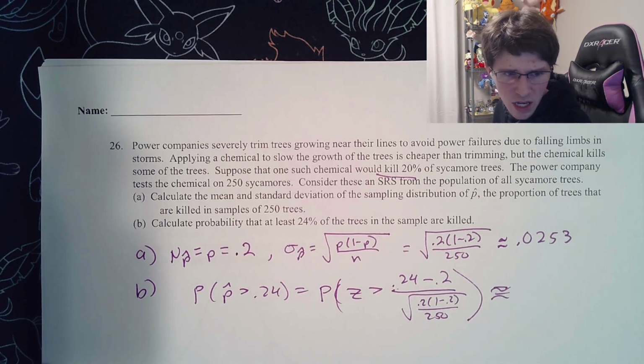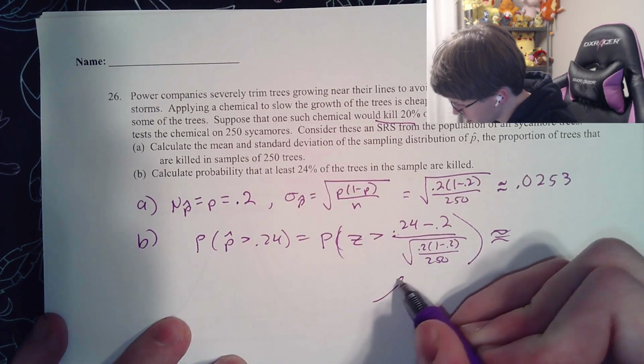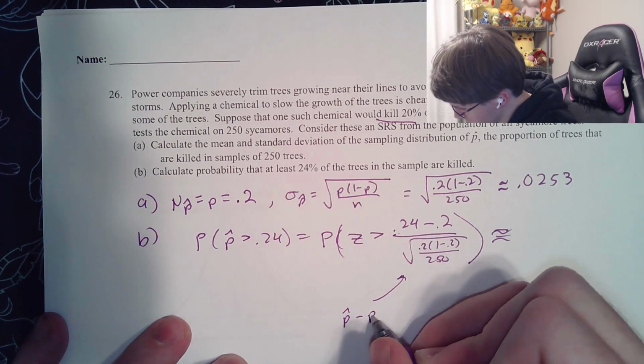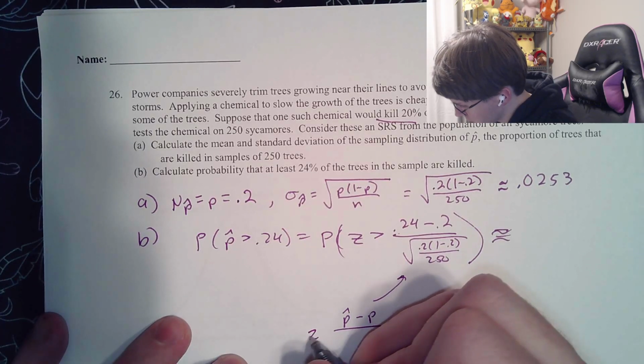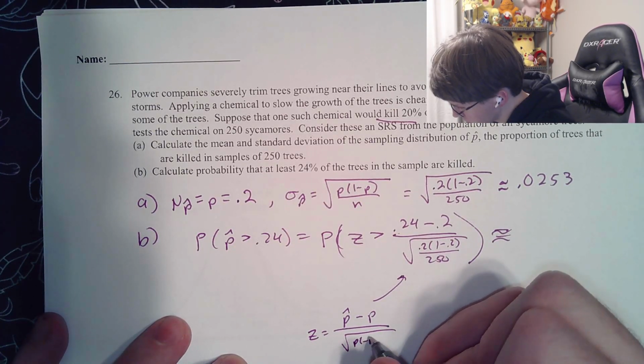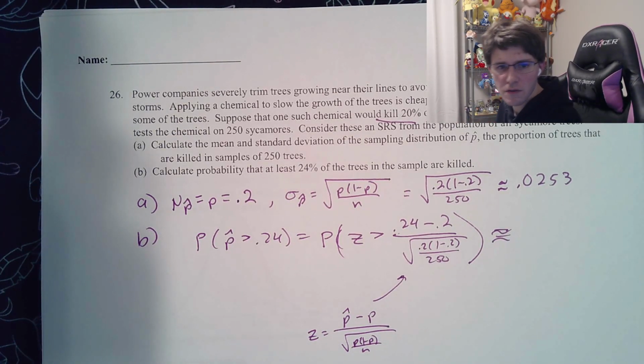And don't forget, in case you hadn't watched a previous part of the video, what that's coming from is our p hat minus p divided by the square root of p times 1 minus p divided by n for our z-score. Easy enough.